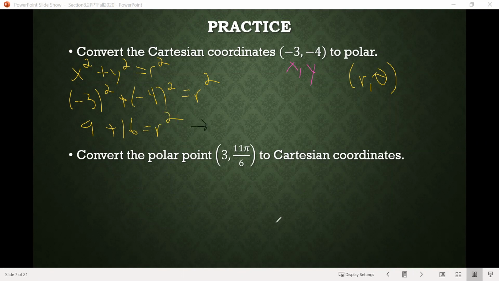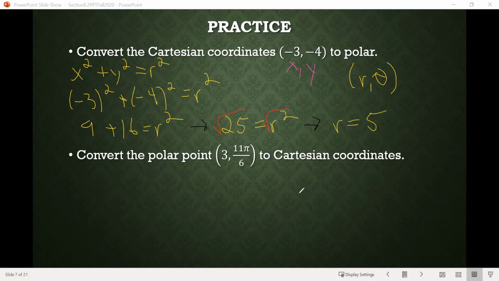Can go to the next step then. 9 plus 16 gives us 25 equals r squared.